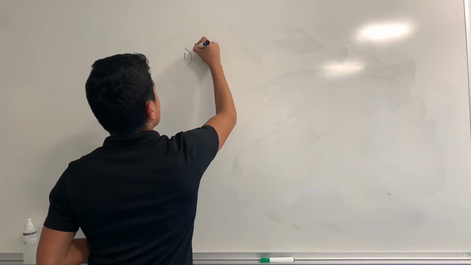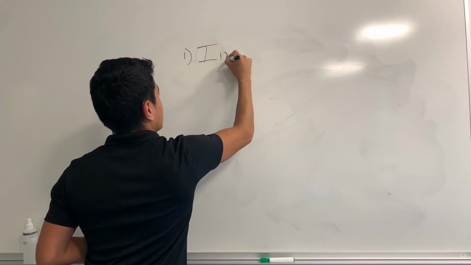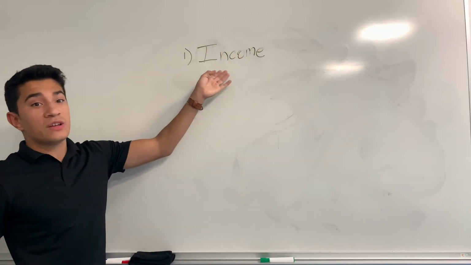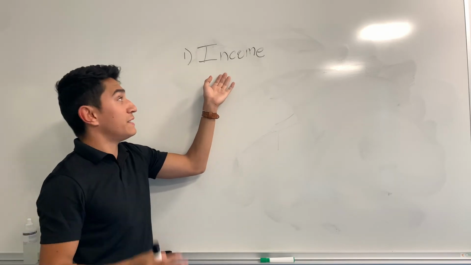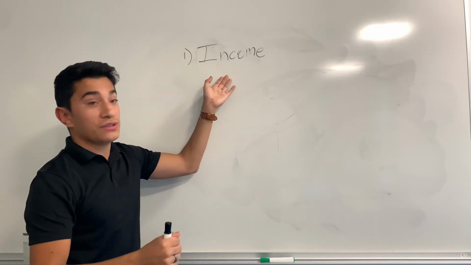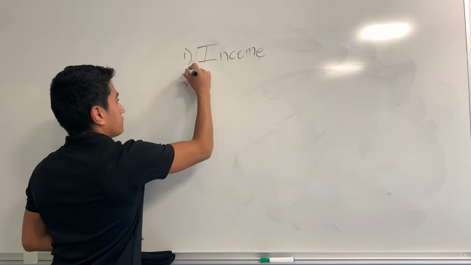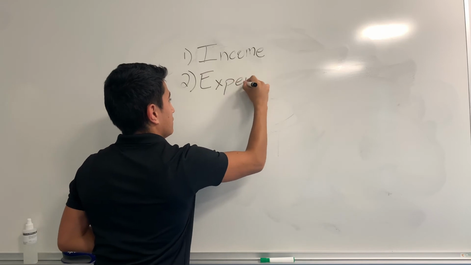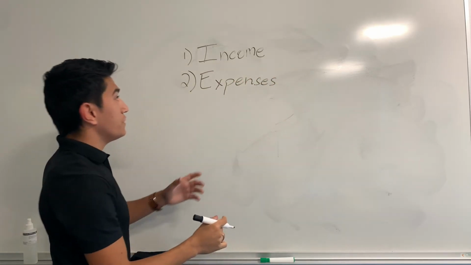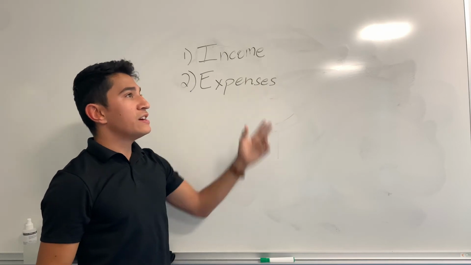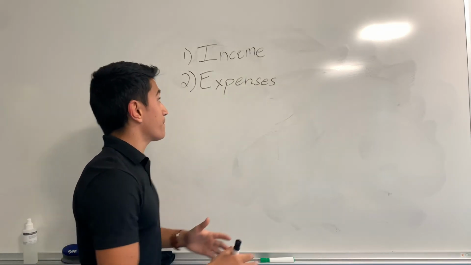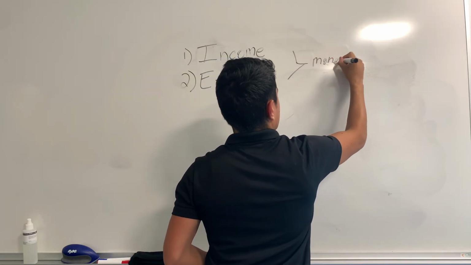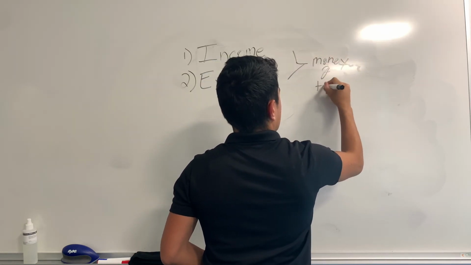So we're going to go ahead and say 1, income. All right. Income is the amount of money we can make over an X period of time. Amount of money that comes to us, all right? 2, expenses. So if you notice, with income and expenses, it's more of money and time, all right? So we'll think of these two as money and time.